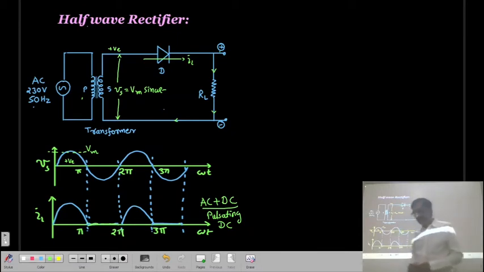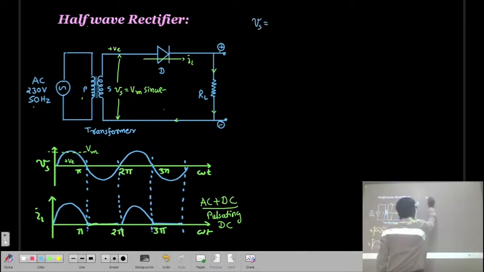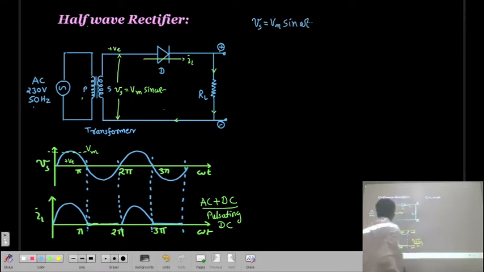Correct? So in the last lecture I already mentioned how to write the expression for the load current. If I want to write the expression for the load current, then what is my input voltage? That is Vs. So the Vs voltage is given as Vm sin omega t, and Vm is the peak value. Now the load current IL is given by Ohm's law, voltage divided by resistance.